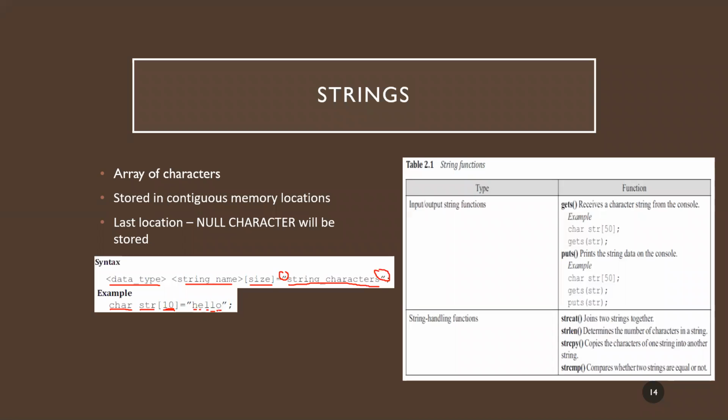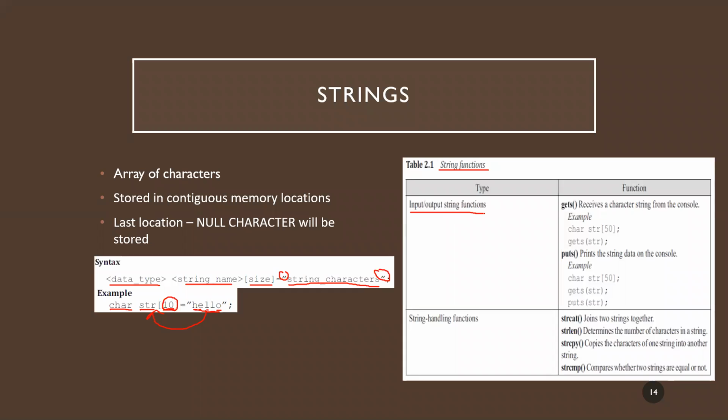So only 5 characters are present in this string, and the sixth location will be stored with the null character. Now, what are the string functions which I can utilize to input and output the string?